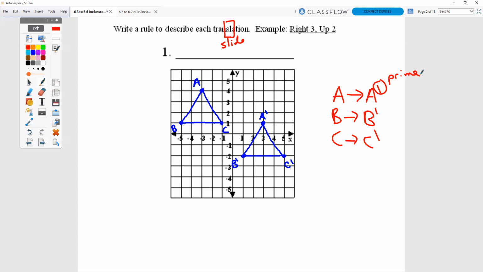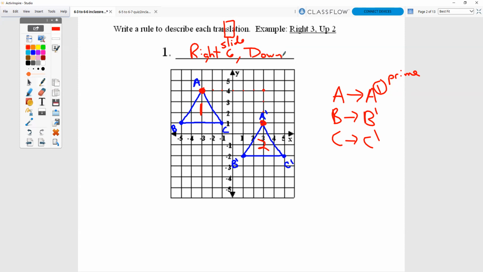So we're going from this shape to this shape. How many places do we move left or right? How many places do we move up or down? Looking at A to A prime, I'm going 1, 2, 3, 4, 5, 6 places to the right, so right 6. And then from here I'm going 1, 2, 3 places down.